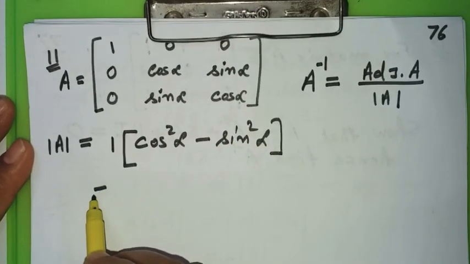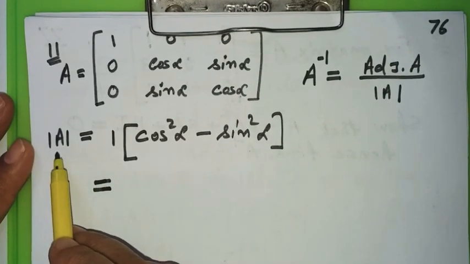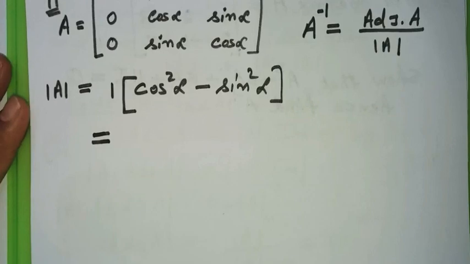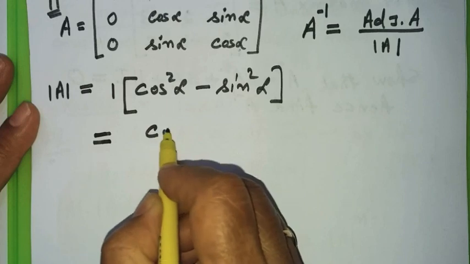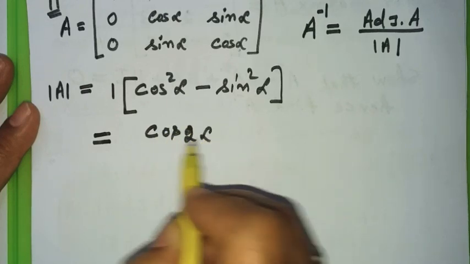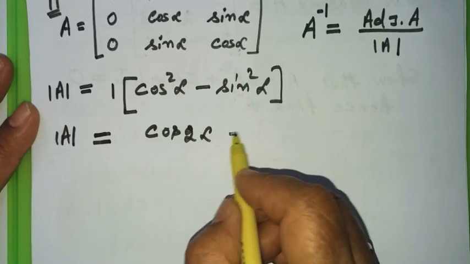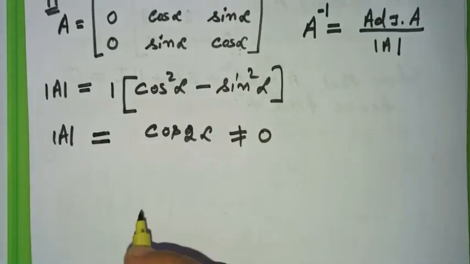Now students, I again want to tell you that if you have any doubt in how to find the determinant of a matrix or how to find the minors and cofactors, then you can refer back to my 2 previous videos and the link will be there in the description box for all the previous videos on determinants and matrices. Now we know that cos square alpha minus sin square alpha will be cos 2 alpha. So we can see the determinant of A is cos 2 alpha and it is non-zero. We assume that the values of alpha are such that it is non-zero because we have been asked to find the inverse of A.